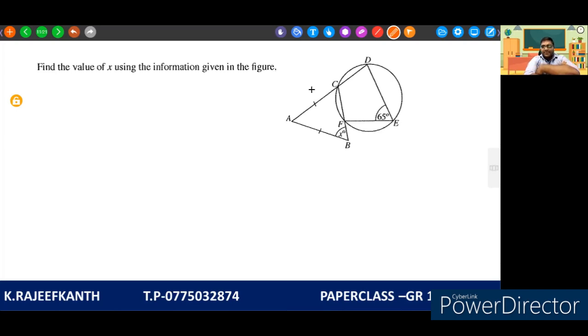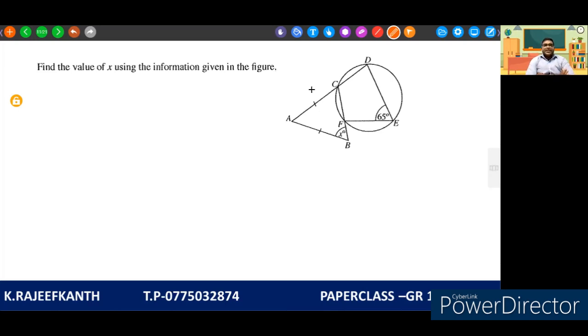Right. Now I will explain this. First, I already explained what a cyclic quadrilateral is. Then what are the theorems of that cyclic quadrilateral? The first one is opposite angles are supplementary, and the second one is the exterior angle is equal to the interior opposite angle.